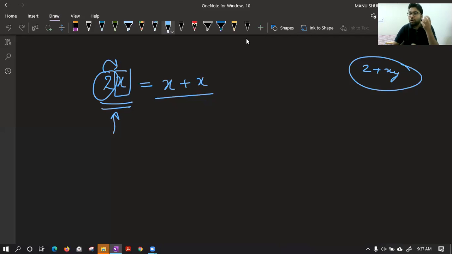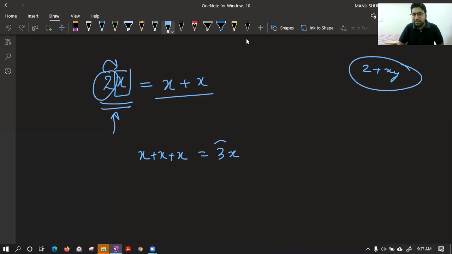Try to understand. Coefficient is telling us something about this. Coefficient is telling us one thing, that this x was added 2 times. And we all know repetitive addition is known as multiplication. So because it repeated 2 times, we multiplied by 2. If we had x plus x plus x, we could have written it as 3x.